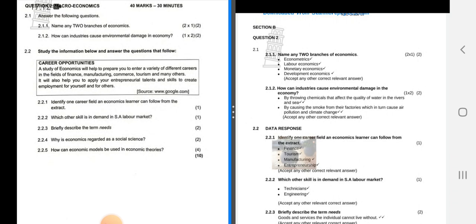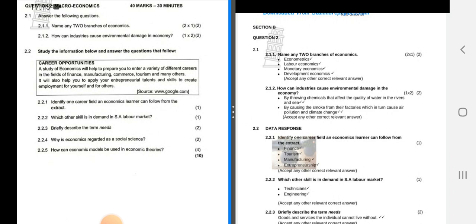www.google.com. So 2.2.1 says identify one career field an economics learner can follow from the extract. So you go to the extract. You read the extract. A study of economics will help to prepare you to enter a variety of different careers in the field of finance. So you go there. They talked about finance, manufacturing, commerce, tourism, and many others.